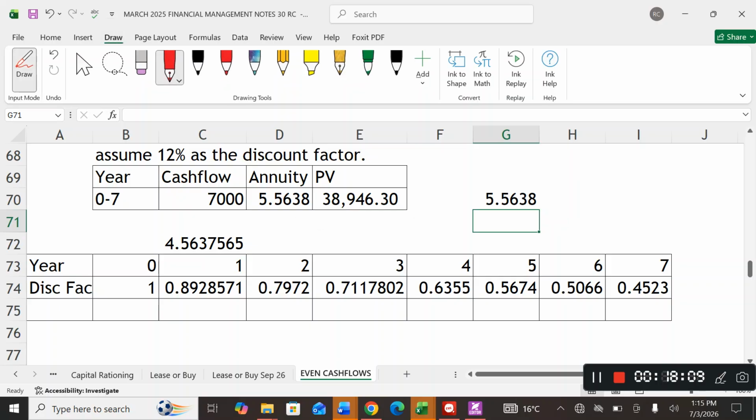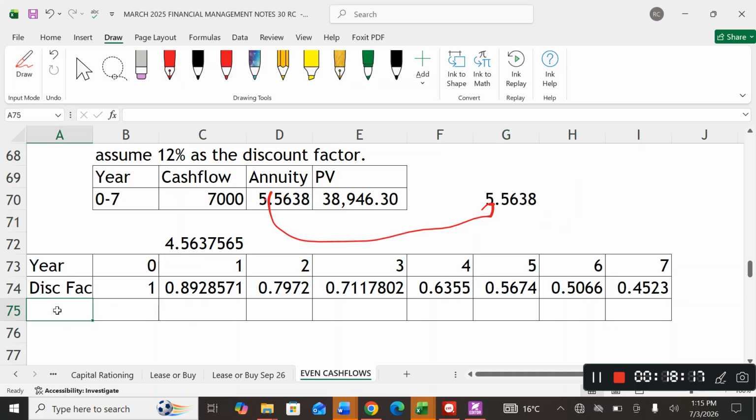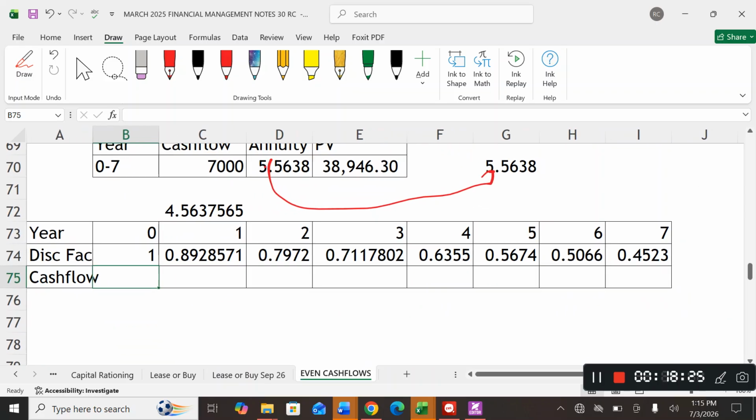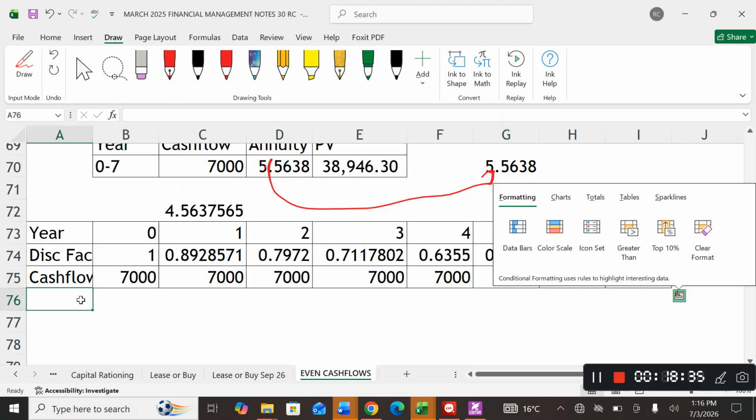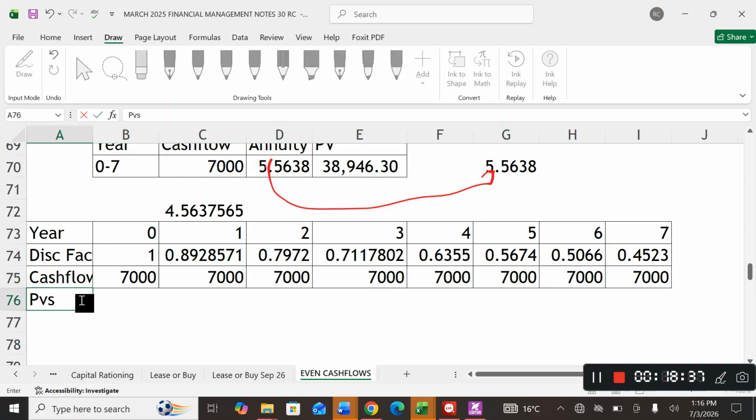It is the same. If I want to discount my cash flows using this layout, I can put the cash flow. We can still get the same PV, but this is going to take much more time. I put my 7,000 there throughout, and I multiply to get PVs.